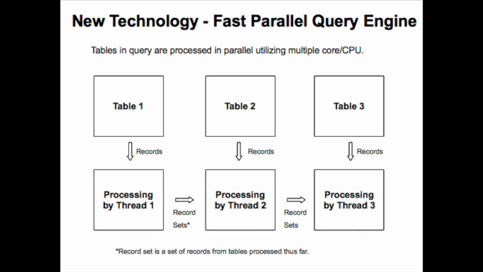Now this is the new technology. If you notice, the only difference is that there's a separate thread associated with each table. So table 1, thread 1, table 2, thread 2, table 3, thread 3. Now, what happens here is that these are happening in parallel, so it's concurrent.